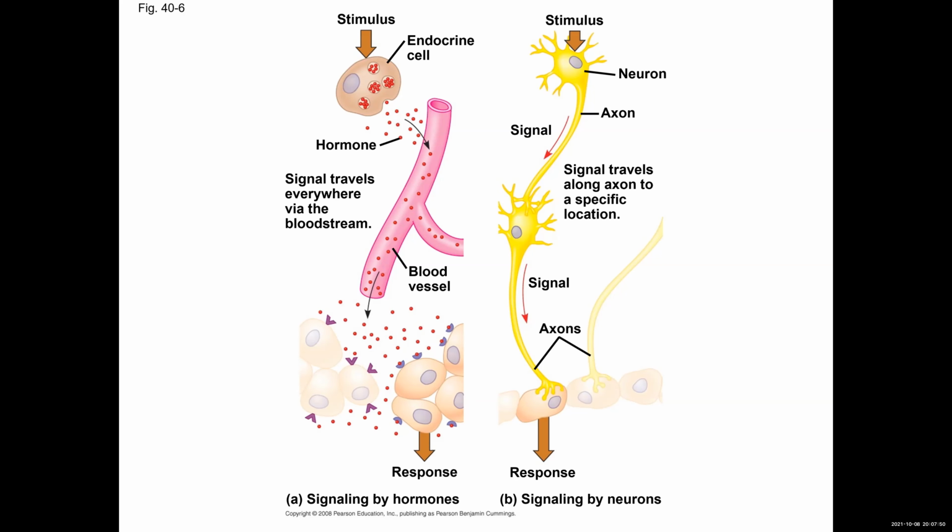All right, so in animals, there's two ways that we can coordinate the actions of all of these systems. That is with the nervous system via nerves or nerve cells, and also the endocrine system. All right, so the endocrine system is going to release hormones. Hormones are molecules that are used for signaling.